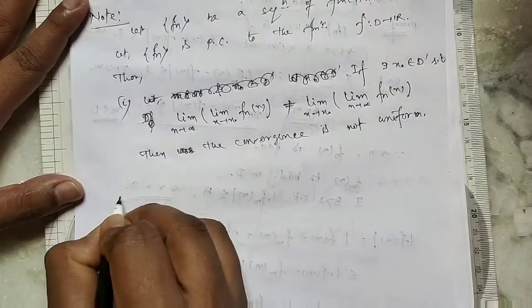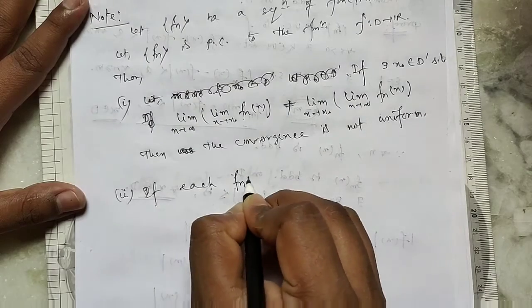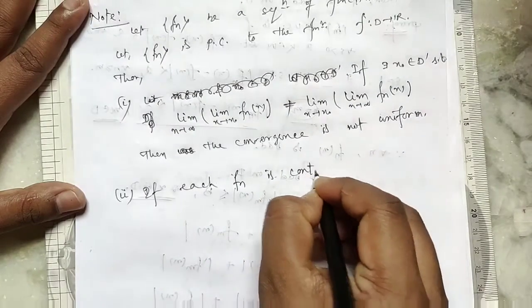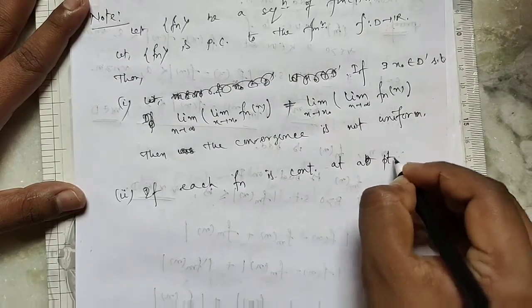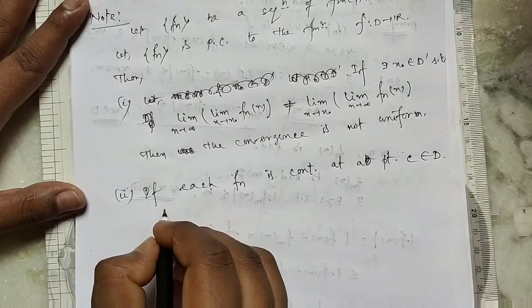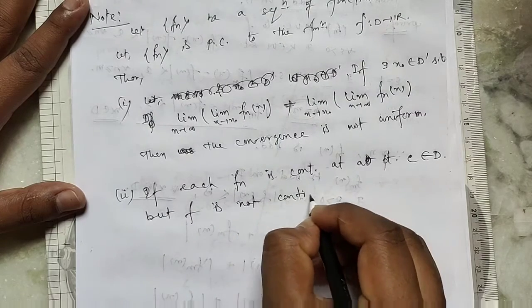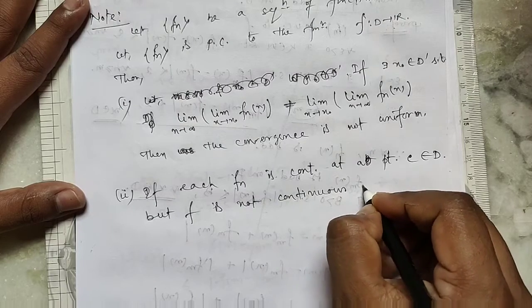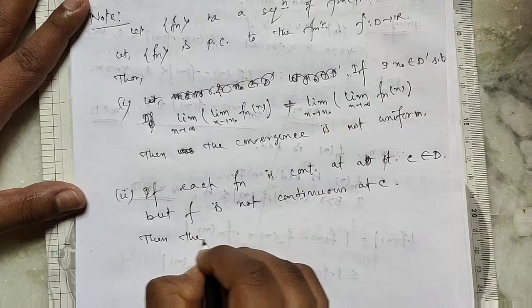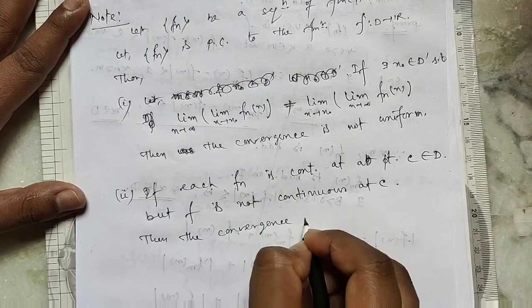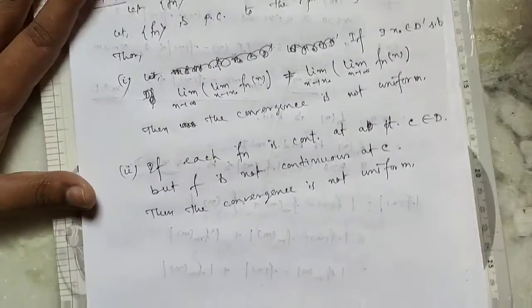Okay, number 2, if each fn is continuous at a point C belongs to D, but f is not continuous at C, then the convergence is not uniform.